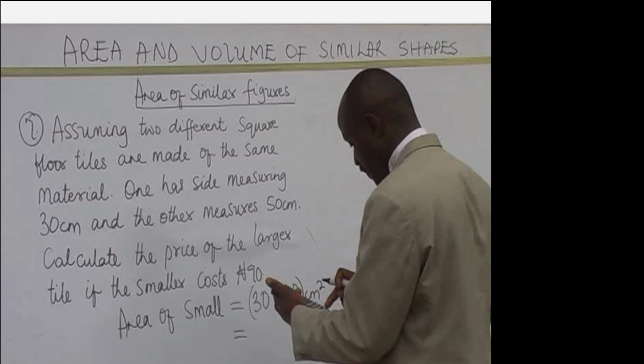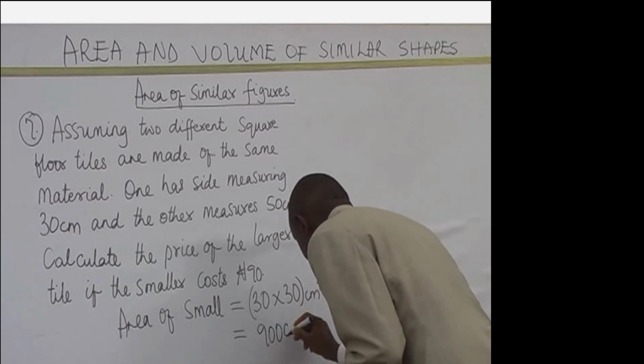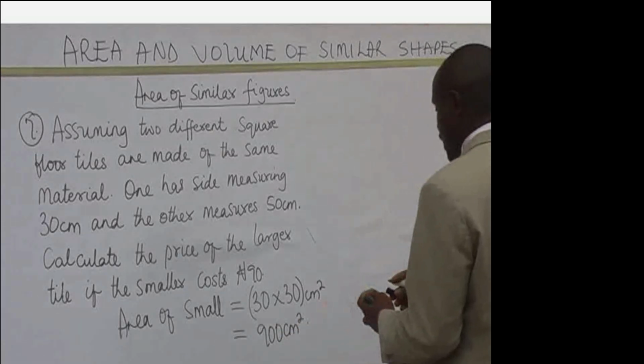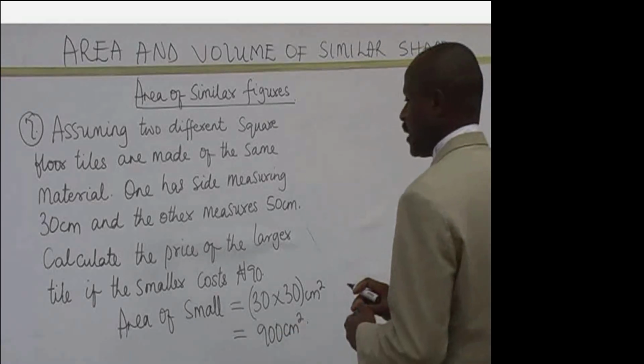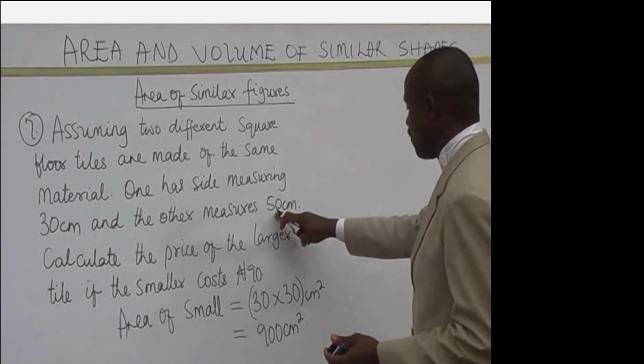But let's confirm, 30 times 30. We are correct, 900 centimeters squared. Now, the second tile, they say it measures 50 by 50.